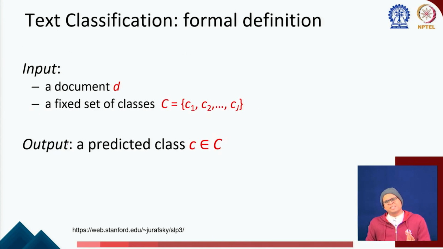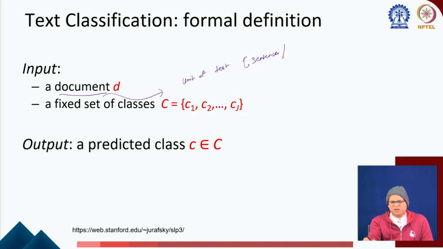So this was just an example for classification. Now, given that motivation, what is the formal definition of a text classification problem? Your input is a document D, and by document I mean any unit of text, typically a sentence, a paragraph, or a whole document.